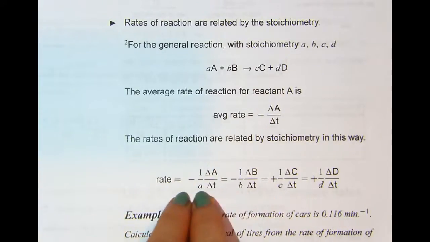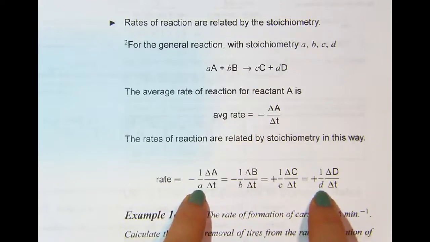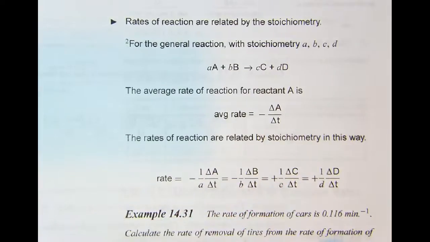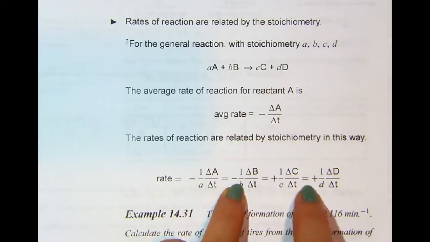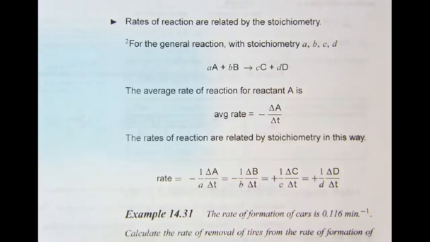Notice that the value in the denominator next to the change in time represents the stoichiometry for each of these reactants and products. The negatives tell you it's reactants and the positives tell you that it's products, disappearing and forming.